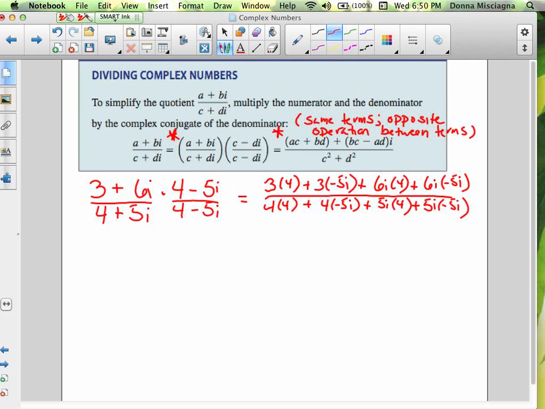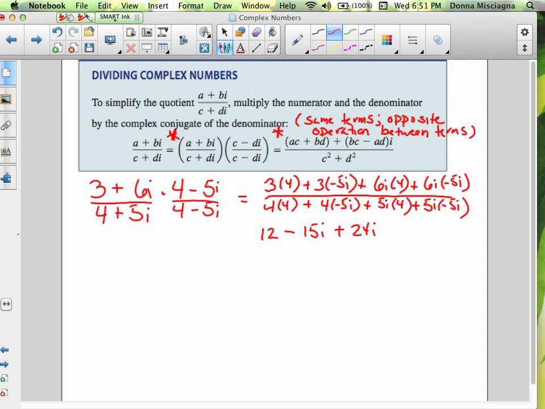Now let's multiply. 3 times 4 gives us 12, minus 15i, because that's a negative 5i, 3 times 5, plus 4 times 6, 24i.